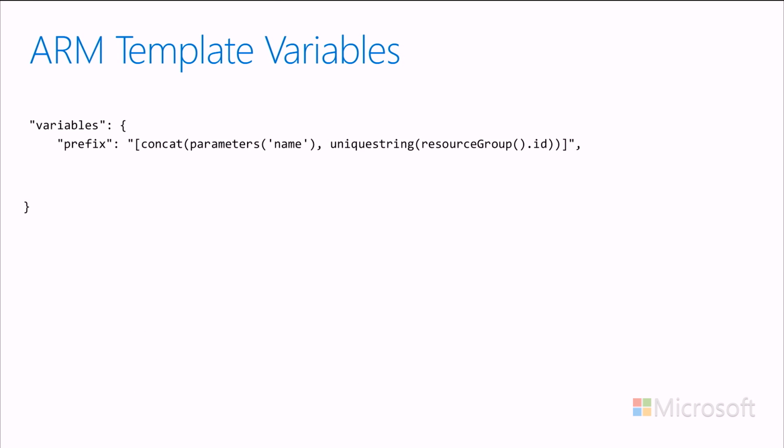So variables are great because you get out-of-box functions with them as well. Functions that are common, functions like concatenation, functions like unique string, right? Every time you create a template which is going to provision one resource, it's fine. But if you're creating an Azure Resource Manager template which is going to deploy 50 instances of web apps, you're not going to code 50 separate names in your parameter file.